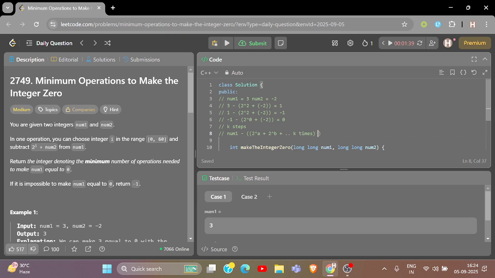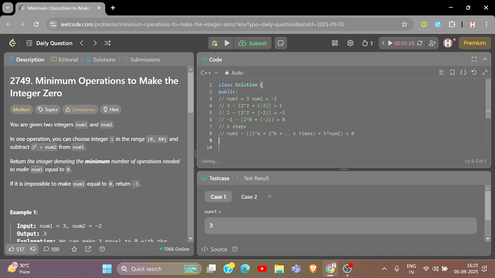And also I will be doing plus k times num2, because I have done the operation k times, so my num2 will be subtracted from num1 k times. And this must be equal to 0 for us to reach a solution where num1 is 0, right?